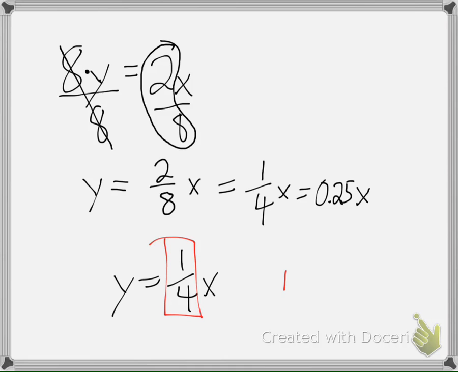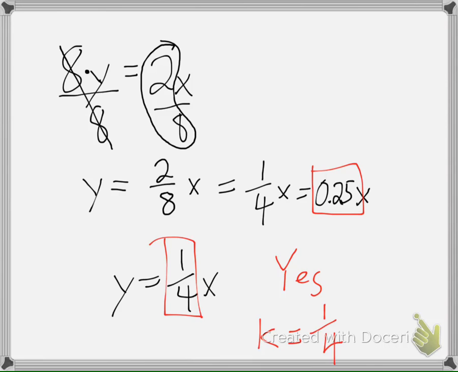So yes, this is direct variation. And our constant of variation is 1/4, or 0.25 if you divided it out into decimal form. So our constant of variation is 1/4 here.